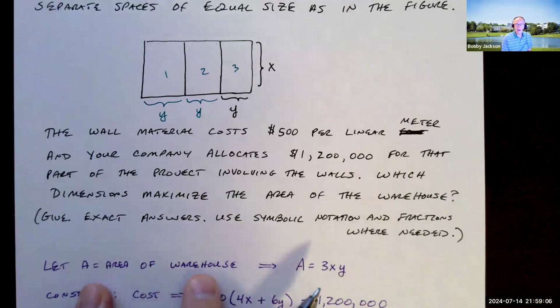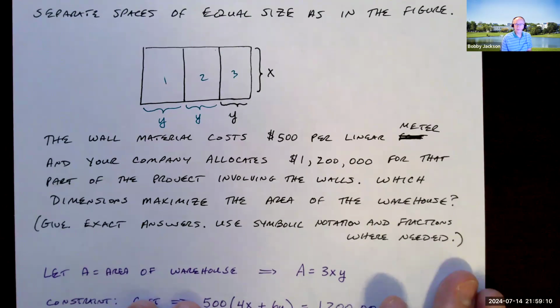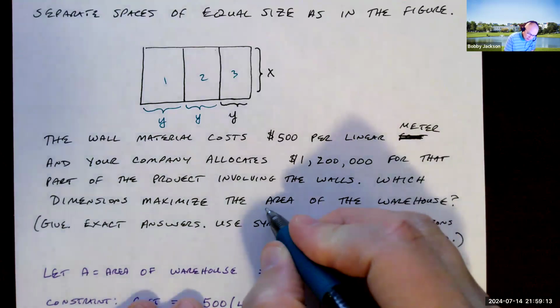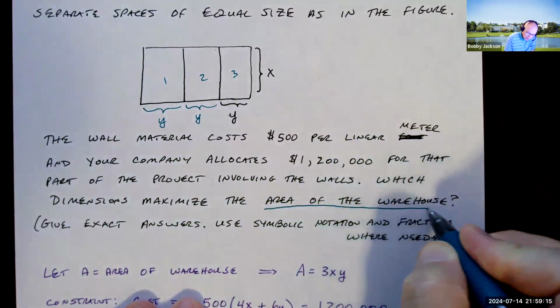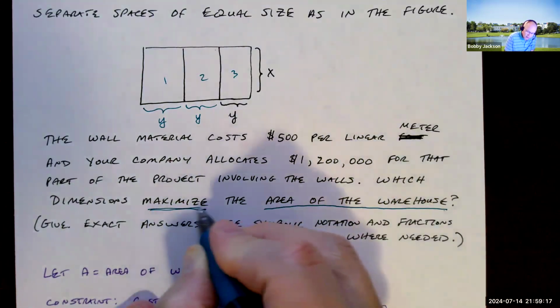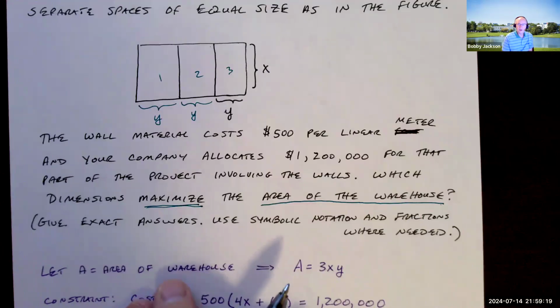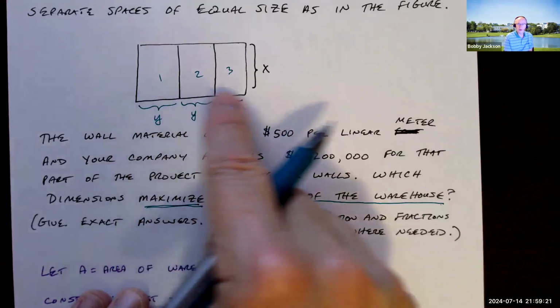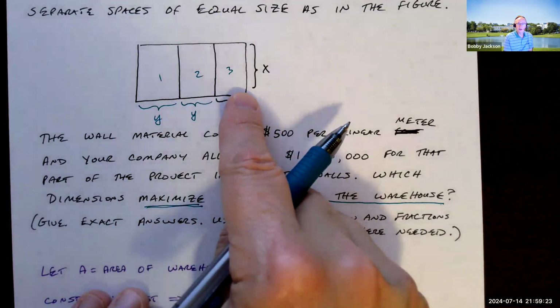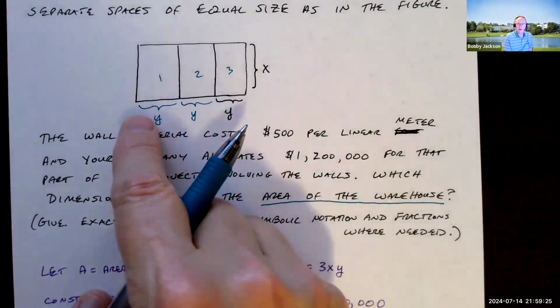First of all, I'm going to let A be the area of the warehouse, because the question is to maximize what? The area of the warehouse. So what is the area of the warehouse? Well, that's all 3 of these separate spaces. What is the length?